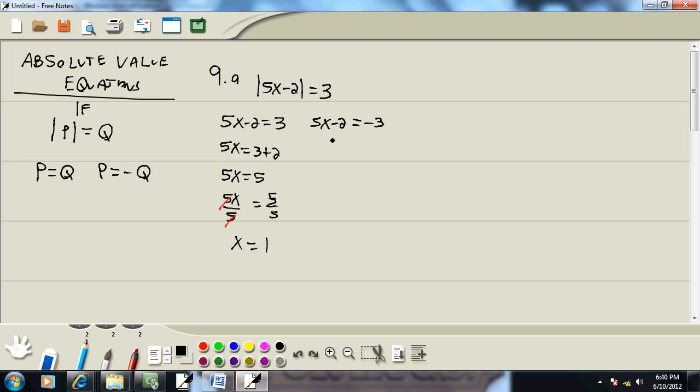Now over here I'll take negative 2 over to the right side, and that gives us negative 3 plus 2, which gives us negative 1. And then I'll divide both sides by 5 again, and we get x is equal to negative 1/5. And those 5's cancel. And those are our answers.